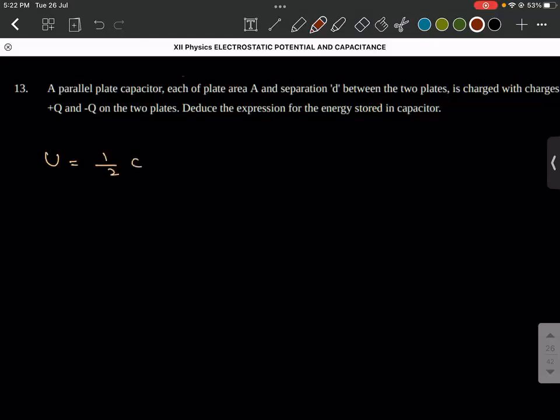So U is equal to half CV square, right? Half into C, which is epsilon naught A divided by D, into V. V is how much? Very good. So it is ED, right? Can I write it as ED square?